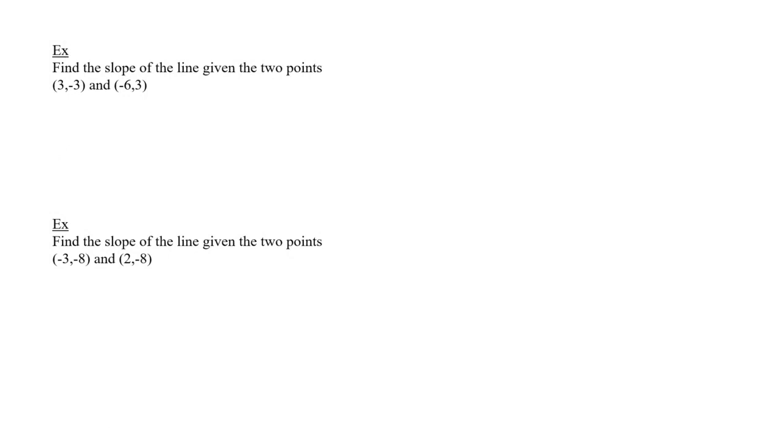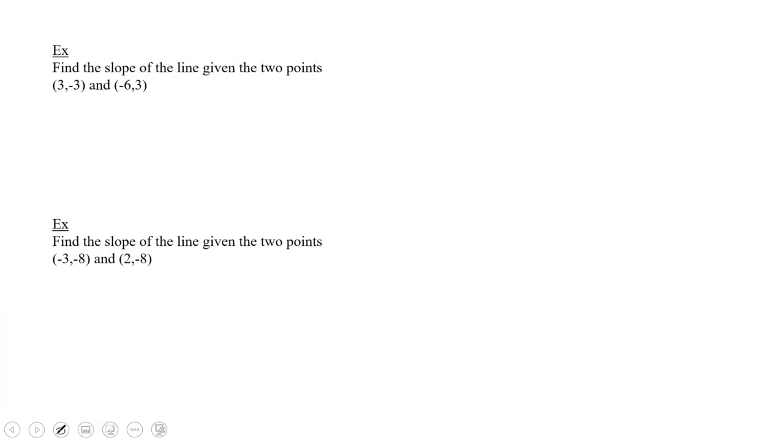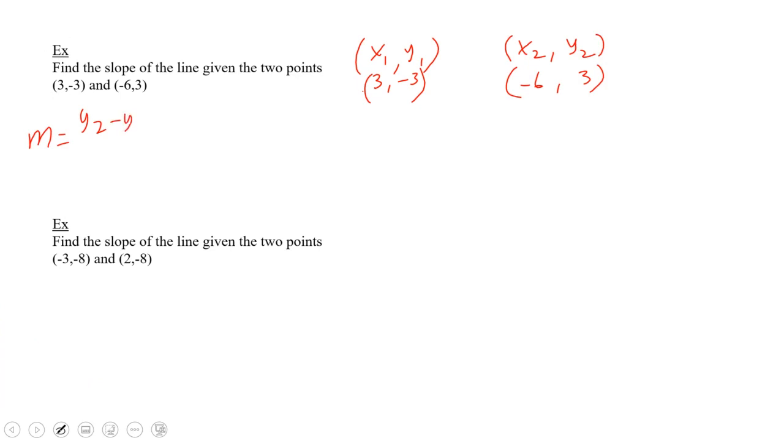Let me designate the points: x1, y1 will be 3, negative 3, and x2, y2 will be negative 6, 3. Find the slope m equals y2 minus y1 over x2 minus x1. Just plug in the numbers and find the slope.